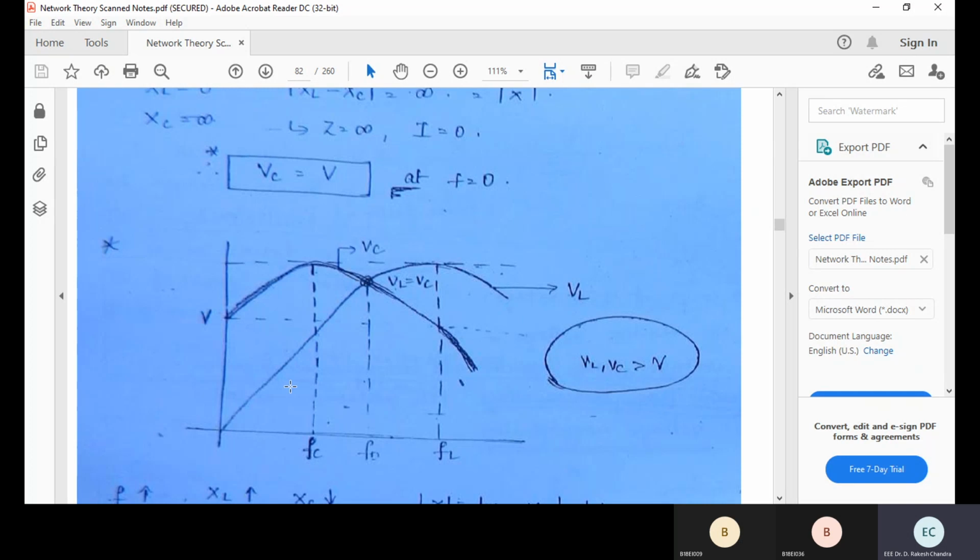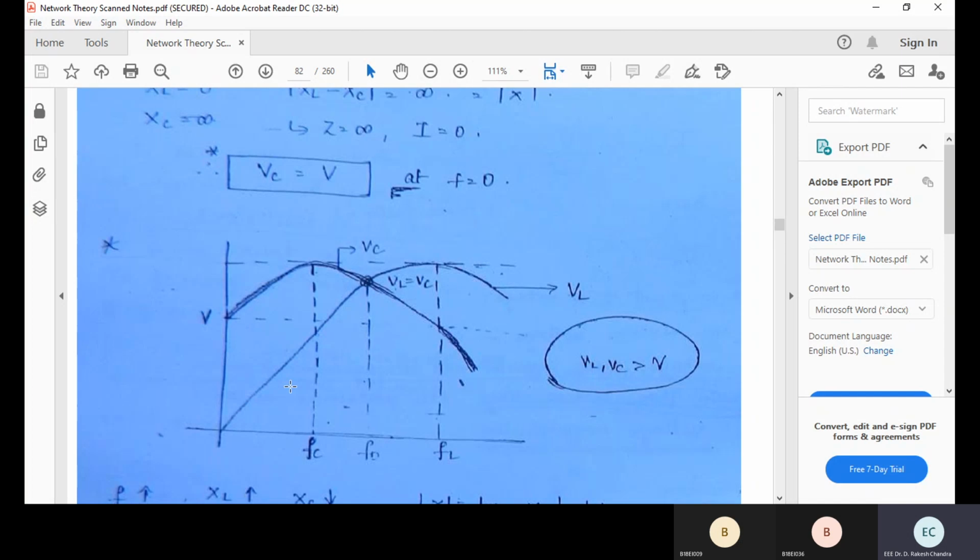How will you come to know? Simply, XC is equal to 1 by omega C and XL is equal to omega L. If you keep on increasing the frequency, your inductive reactance is going to increase and your capacitive reactance is going to decrease. Finally, they will coincide at the resonant frequency.